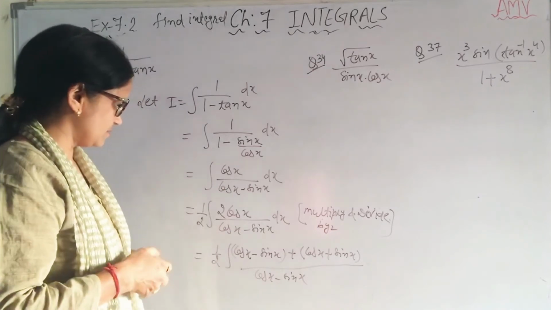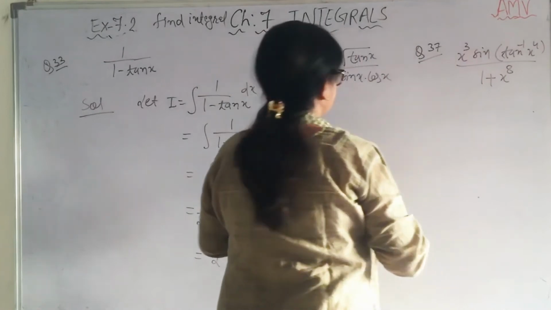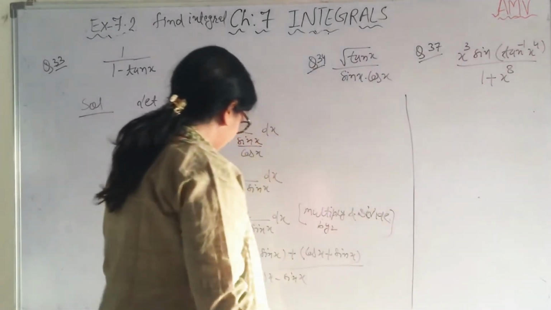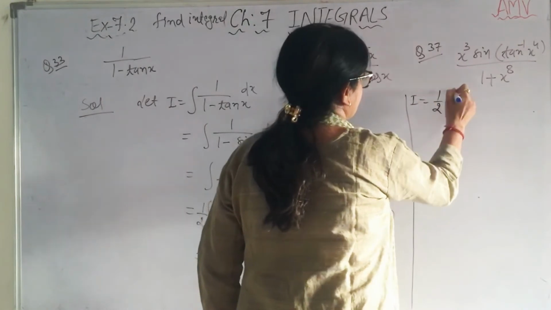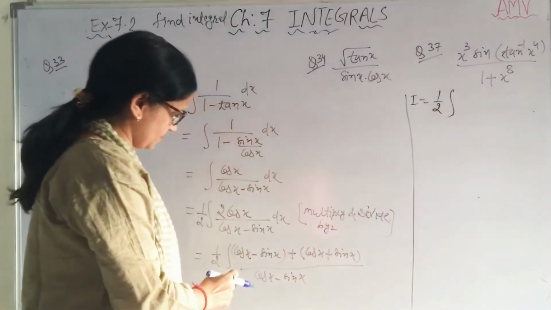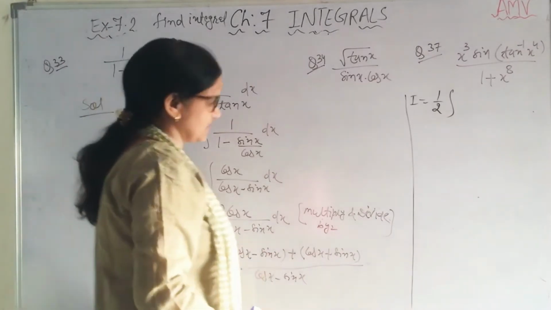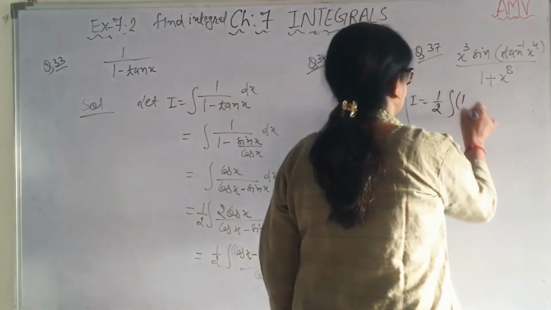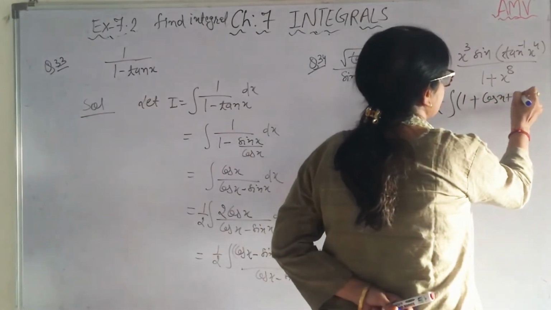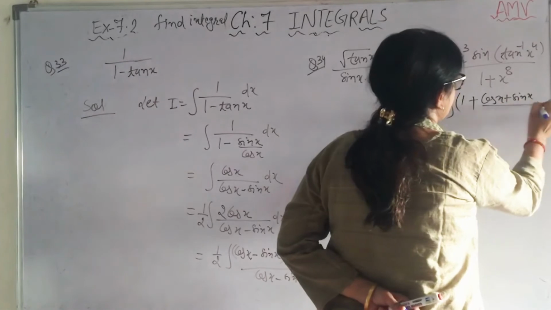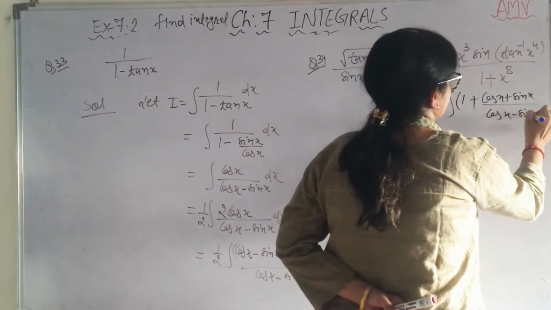Okay, now by the terms, you will get 1 by 2 integration of, if you take cos x minus sin x by cos x minus sin x, it is 1 only. Okay, plus here cos x plus sin x, in the denominator it's cos x minus sin x.